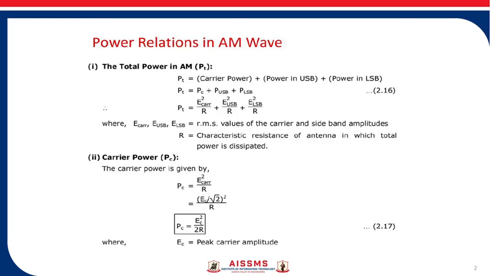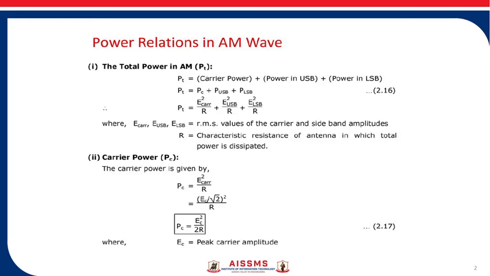The power contained in the amplitude modulated signal is higher than the carrier signal, and the sideband amplitude depends on the modulation index. Hence, the power contained in the sidebands depends on the modulation index of the amplitude modulated signal.